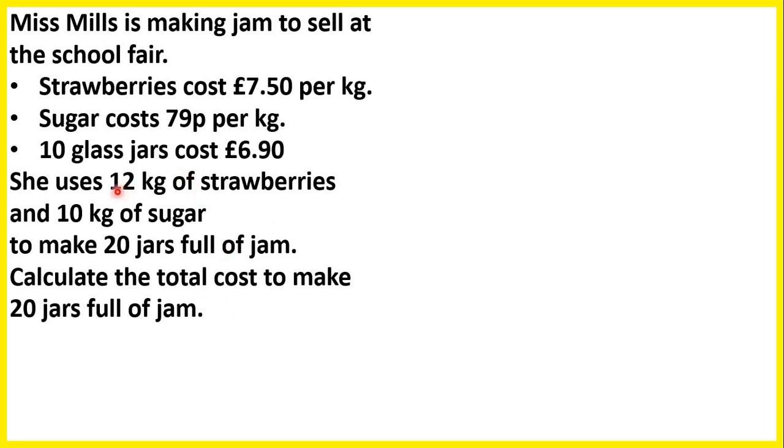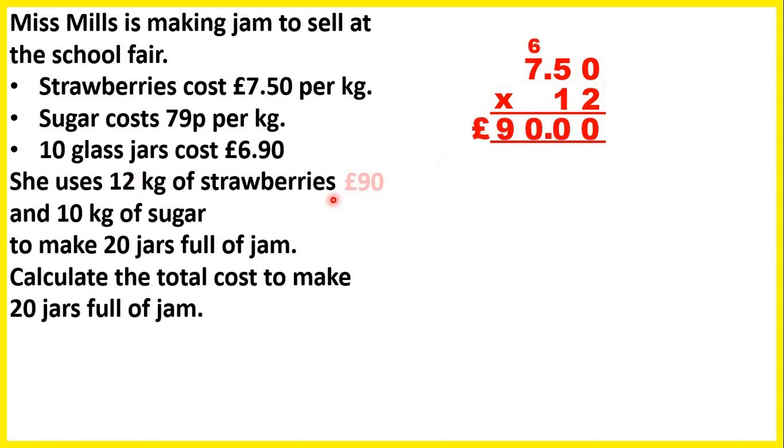So she uses 12 kilograms of strawberries and they cost £7.50 per kilogram. So to find how much she spent on strawberries, we can multiply £7.50 by 12, and that gives us £90. We also know that she used 10 kilograms of sugar, which is 79 pence per kilogram.